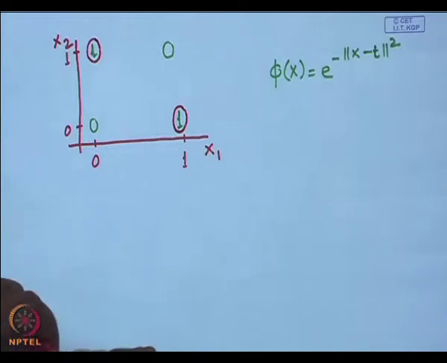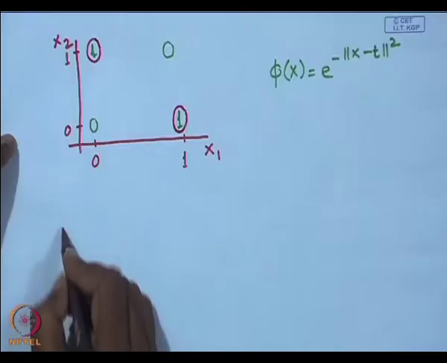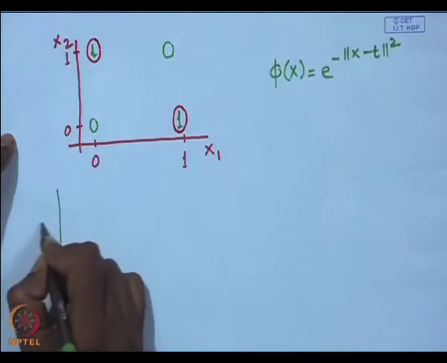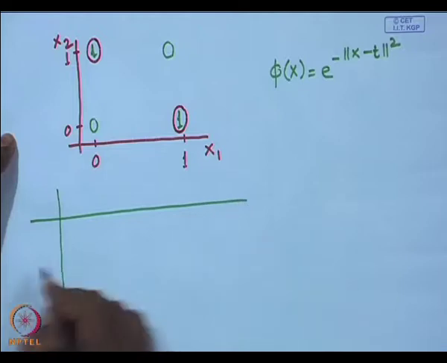So, by using this, if I compute the nonlinear transformation, then the values that I will have will be something like this. I use this nonlinear transformation. So, I will put these inputs.